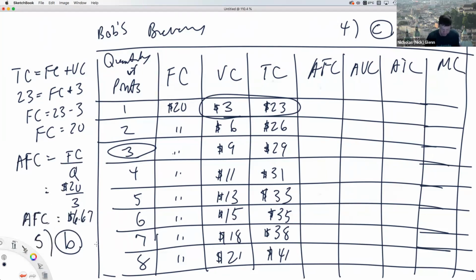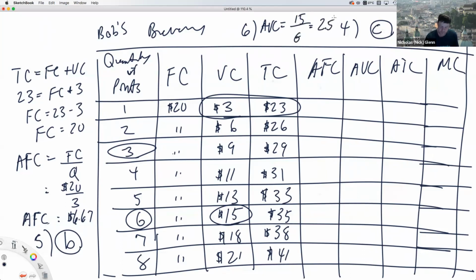That's number 5. All right, the last one to go along with this, number 6, what it's asking for is, what's the average variable cost when Bob serves 6 pints? There's the variable cost, 15. Average variable cost is just the variable cost, 15, divided by the quantity, 6.